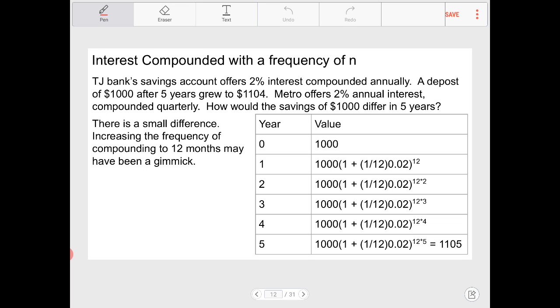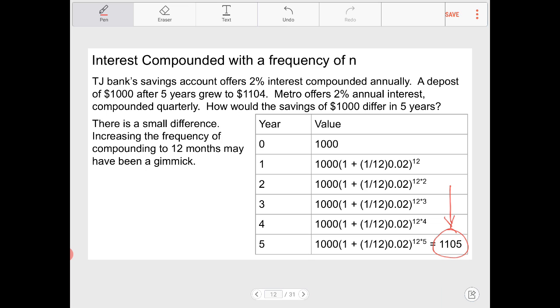But in actuality, when an account is compounded more frequently, you are going to come out ahead. And let's say a bank has millions of customers across the country, then what this dollar difference translates to is millions of dollars that they're going to have to fork over.